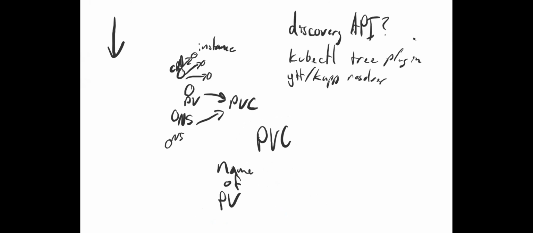That reference will not work until the PV exists, because you need to have a name of an existing resource. So in that case, we have to create a PV, and then the PVC points to it. But can't you create the PV after the PVC, and it will reconcile eventually?